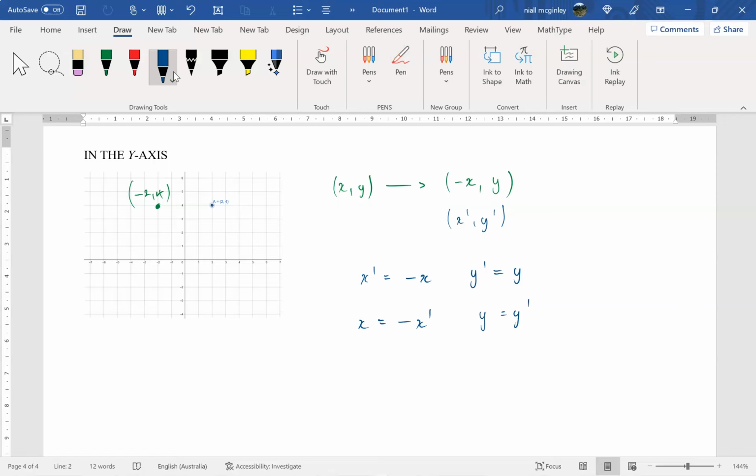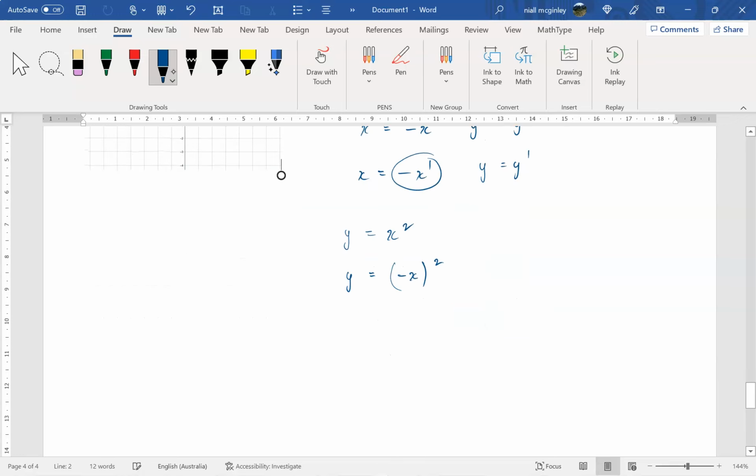And therefore, we can think about this function here, y equals x squared, and see what effect this function is going to have if we reflect it in the y-axis. So if we've got y equals x squared, we're going to replace y with y', so forget about the dashes once you sub it in. But we're going to replace x with negative x', so just negative x.